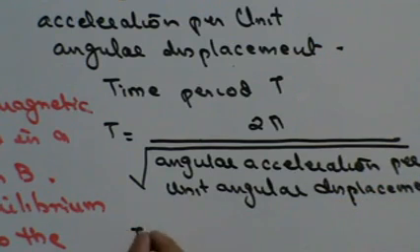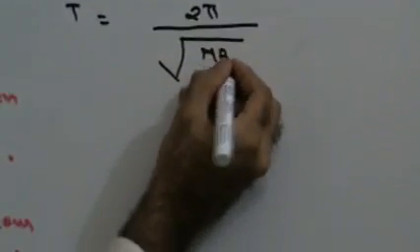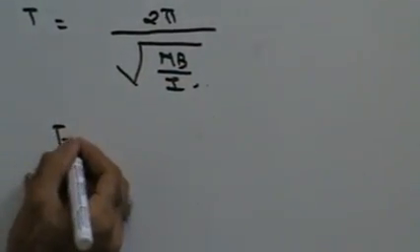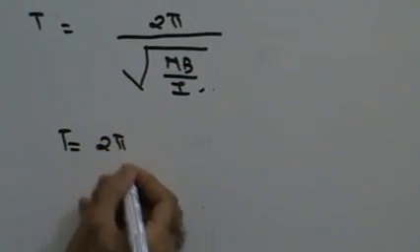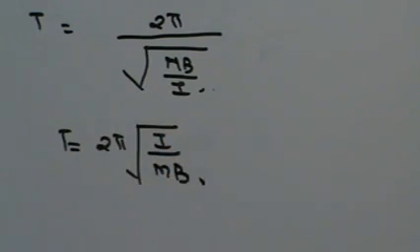Therefore, T is equal to 2 pi upon square root of mb upon I. Therefore, T is equal to 2 pi square root of I upon mb. That will be the time period for a magnet rotating in a magnetic field, right?